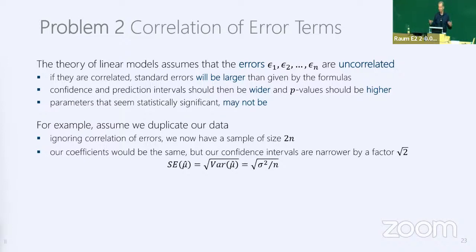Because of course we can duplicate, we can quadruplicate, we can push it to infinity. No, our coefficients are still as bad as they were when we only had one data set before duplication. However, if we now, after duplication, estimate a standard error, confidence interval, and so on, these intervals are going to be very small. Standard error is going to be very small. So you see the problem.